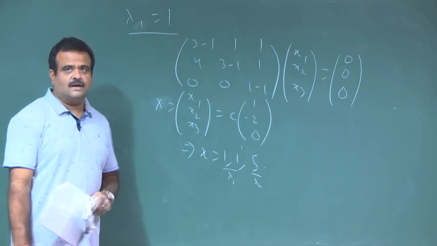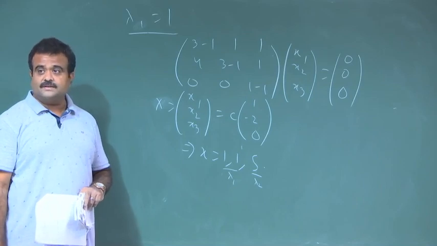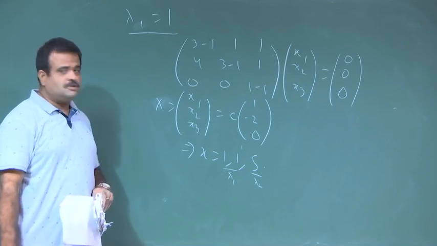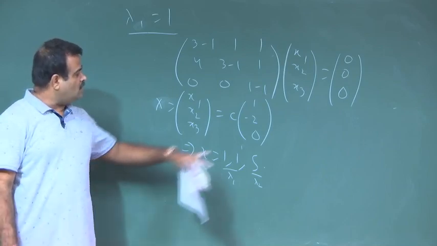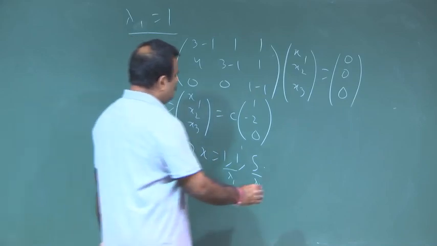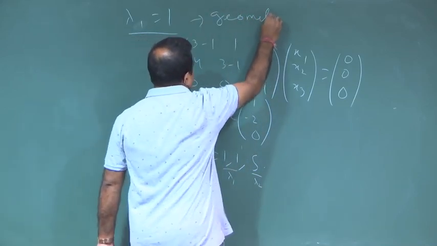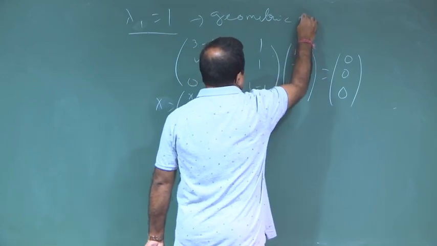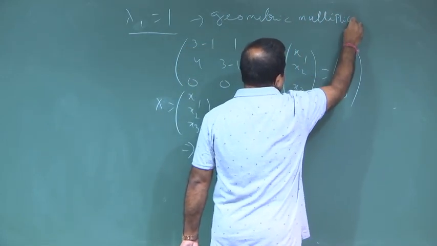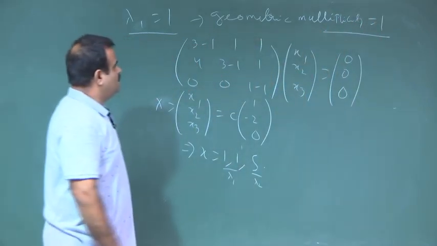So, this is bad luck. So, this is basically the dimension of the eigenspace corresponding to this eigenvalue is 1. So, we have only one independent vector. So, that means the geometric multiplicity is 1, which is not the same as the algebraic multiplicity.